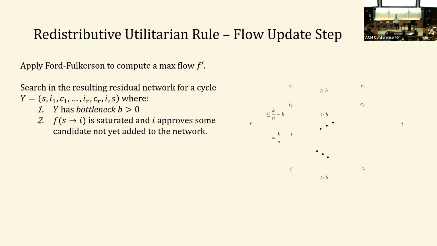So when we add them later, there's this fairness loss because this voter could have sent money to that candidate, but now they're out. And this is going to make it so that we don't have a max flow. So we have to resolve this.